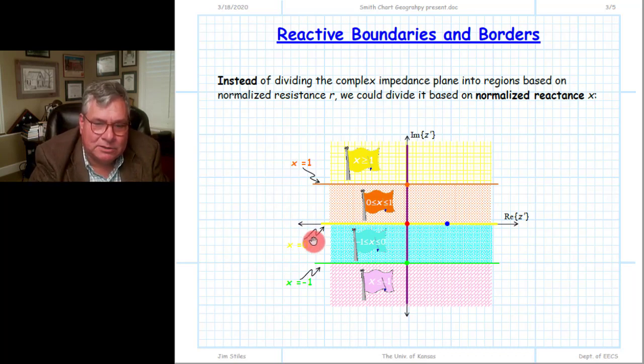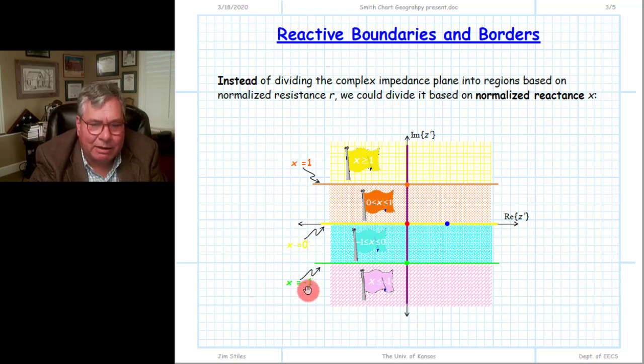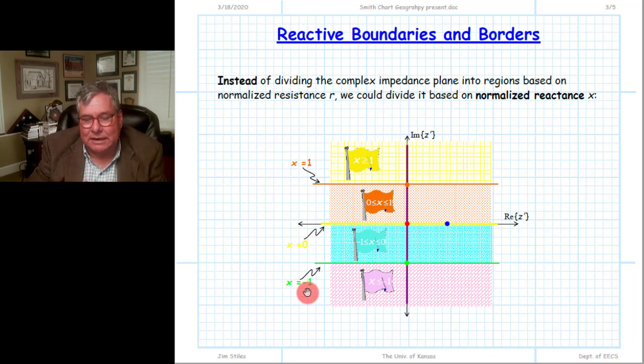A second boundary, it's hard to read here, but that is the boundary where the normalized reactance is equal to 0. And of course, this resides on the horizontal axis, on the real axis of the normalized impedance plane. And finally, a third boundary, which is all normalized impedances whose normalized reactance is equal to -1. They form a locus of points, which is this horizontal line on the complex impedance plane.